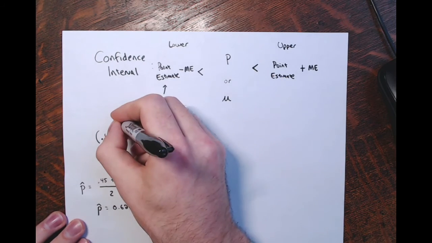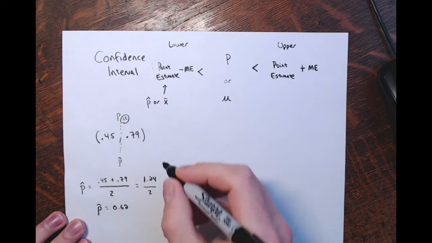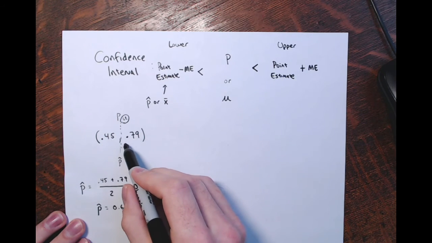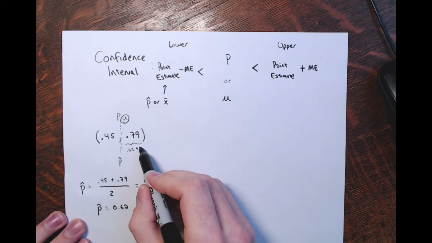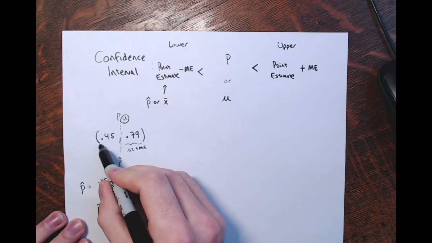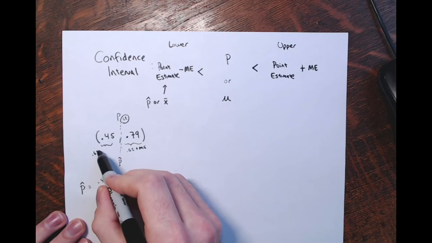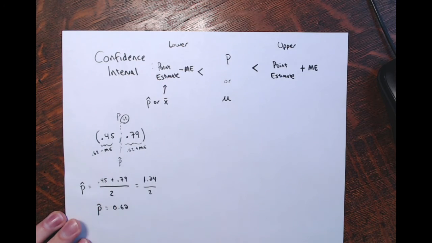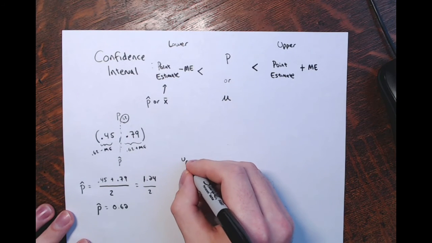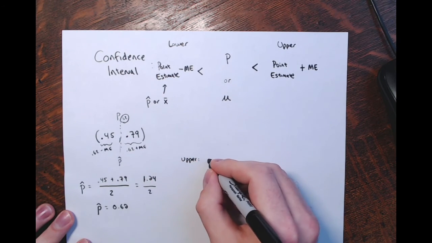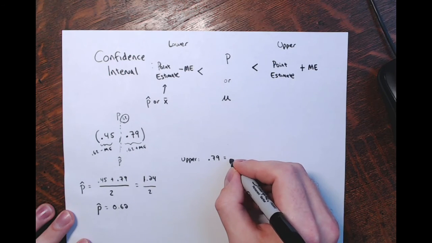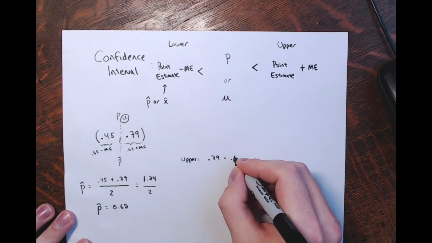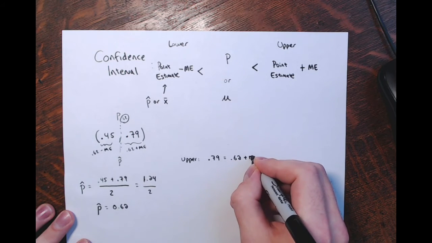So I got 0.62 in the middle. Remember that the upper bound is 0.62 plus the margin of error, and the lower bound is 0.62 minus the margin of error. You could use either one to find the margin of error, so I'll use the upper bound. We know that 0.79 must be equal to the point estimate, p hat, 0.62, plus the margin of error.